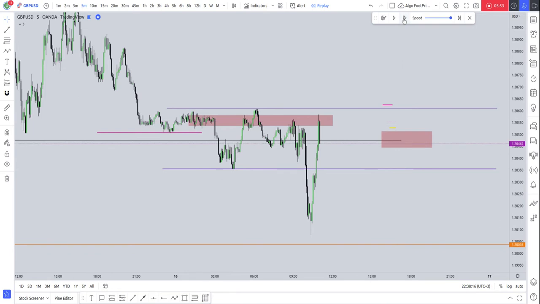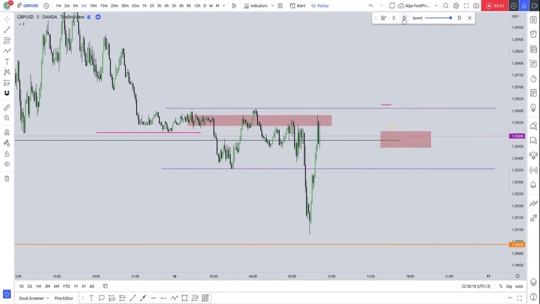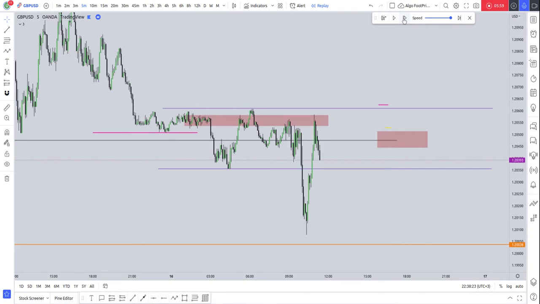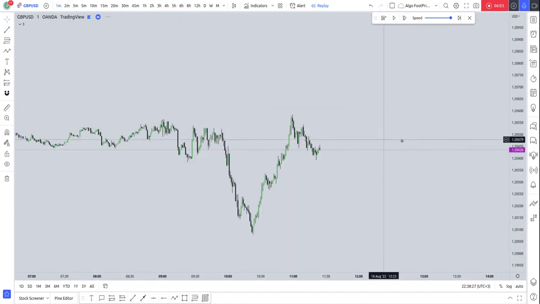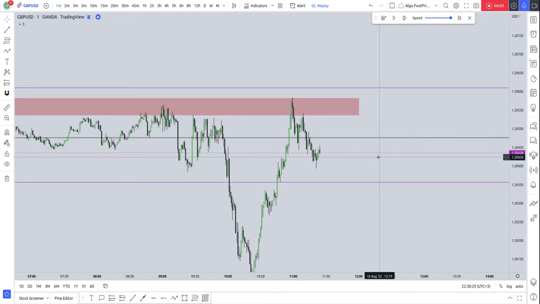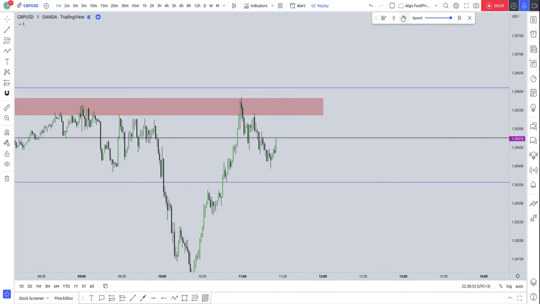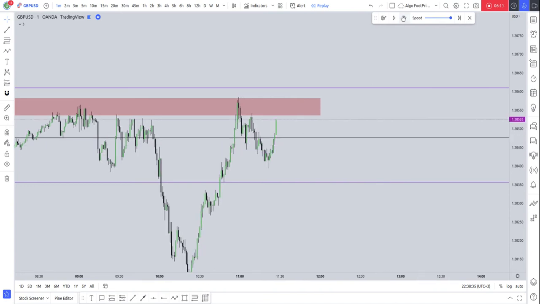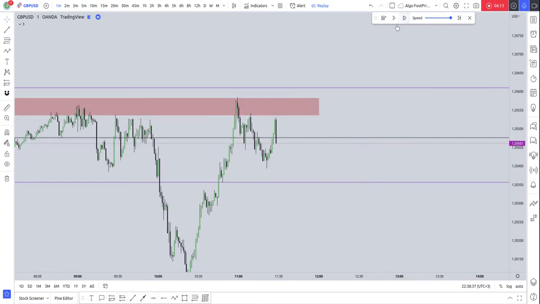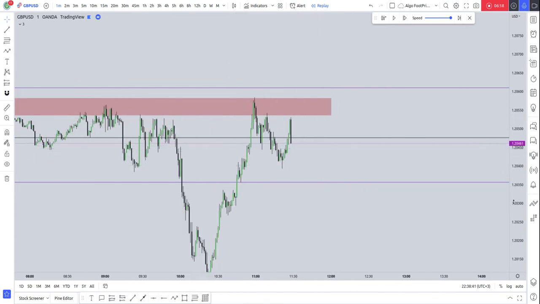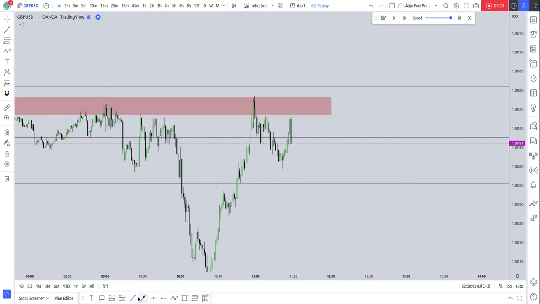So as I was watching the market, this is what happened here. I went to the 1 minute time frame to see if I could see anything. I was still waiting. Now I noticed we have a break in market structure.